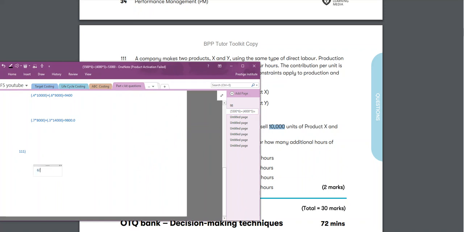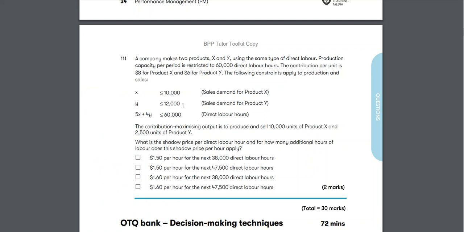So contribution is 6 and it uses 4 hours, so we have 1.5 contribution. So every additional hour of Y production gives us 1.5 contribution. So that is the shadow price. Simple as that. And remember, for how many hours will that apply?